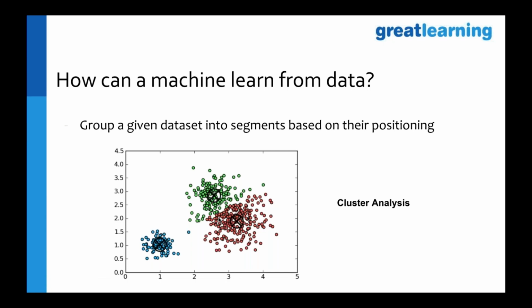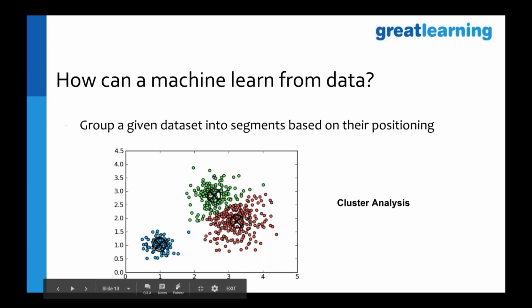So here the machine is not predicting anything or having any functional learning. It's not learning some function or some flowchart. What it's doing is essentially segmenting your users into different clusters so that you can do something meaningful with it.